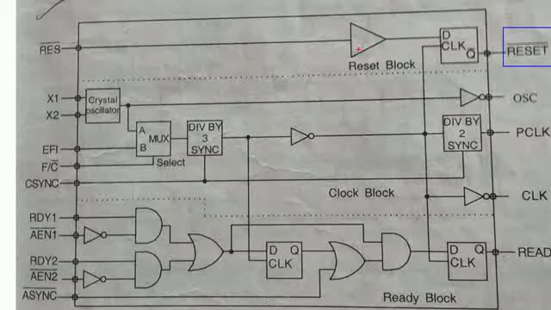In the reset block we have an active low input signal. Whenever you would like to generate the reset signal using the 8284, this reset output signal is connected to the microprocessor reset signal.